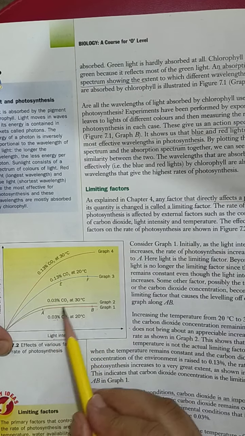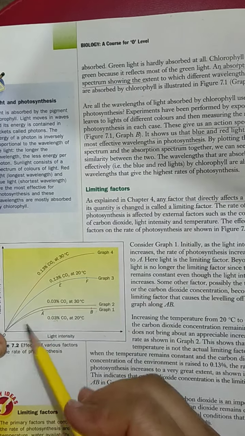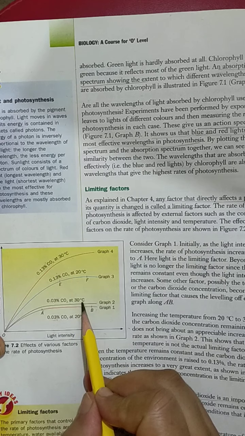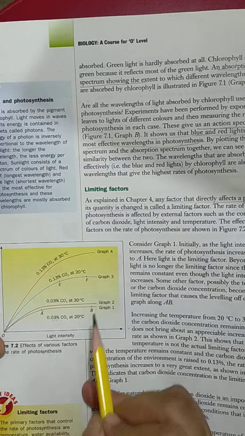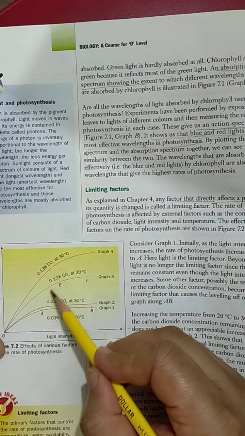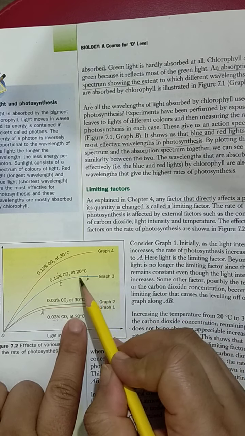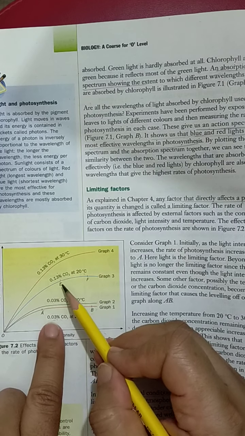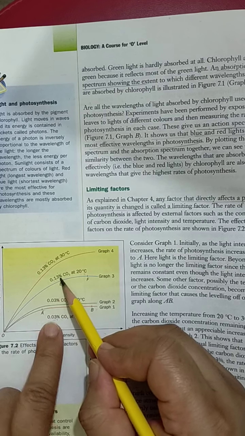Even if we increase the temperature to 30, again you can see that this increased temperature is not bringing any considerable increase in the rate of photosynthesis. Okay, now what will happen if we increase the amount of carbon dioxide? Here they have kept the temperature constant at 20 degrees centigrade, but increased the carbon dioxide percentage to 0.13%.